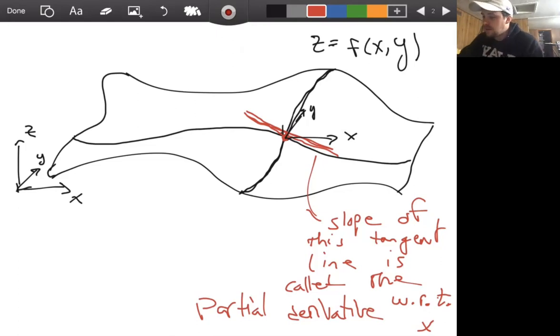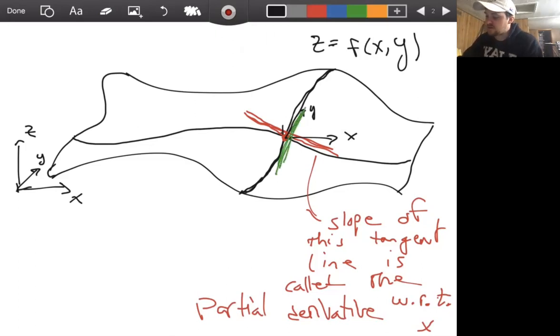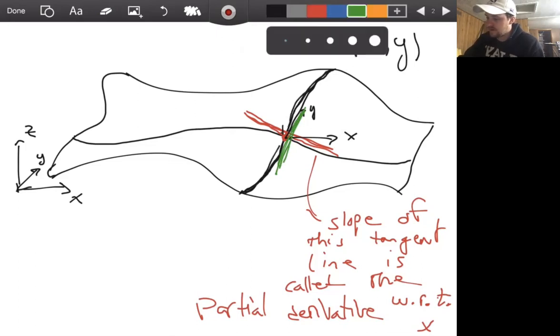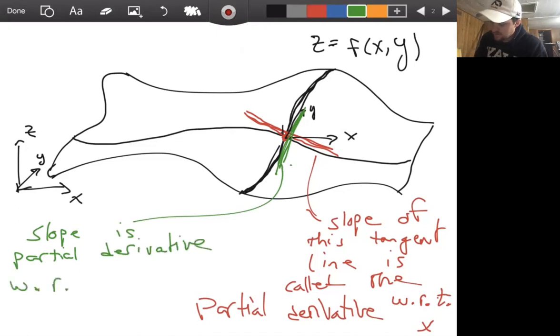And so maybe you can guess also that if you look at the slope of the tangent line to the curve where x was fixed and y is varying now, which is the second curve I've drawn, well, the slope of that tangent line is the partial derivative with respect to y, right?